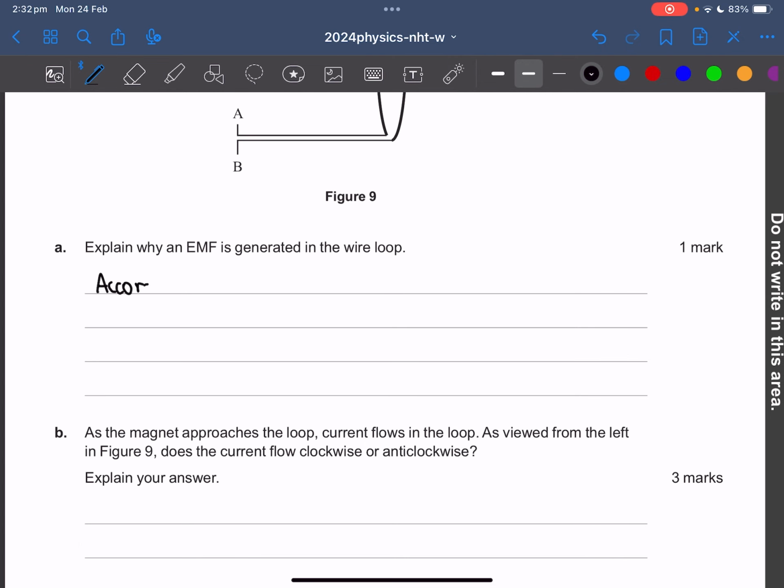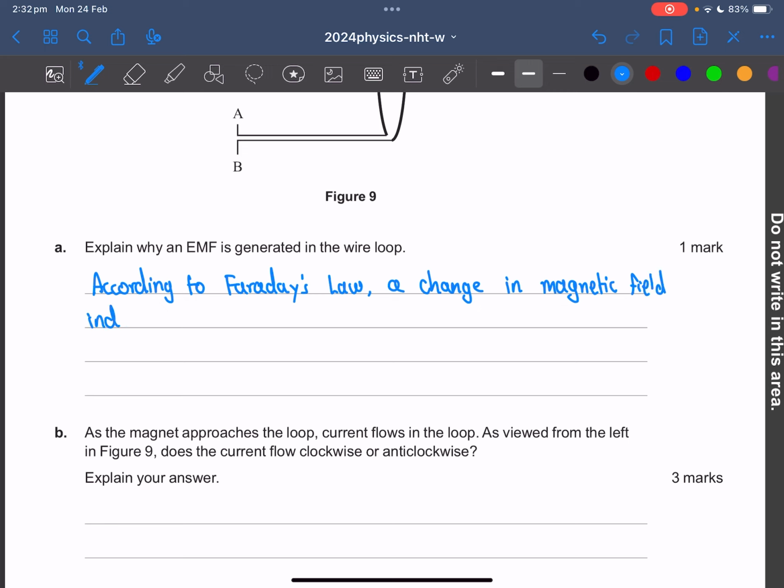I'm using a different color for the written explanation. So according to Faraday's law, a change in magnetic field induces an EMF, right?